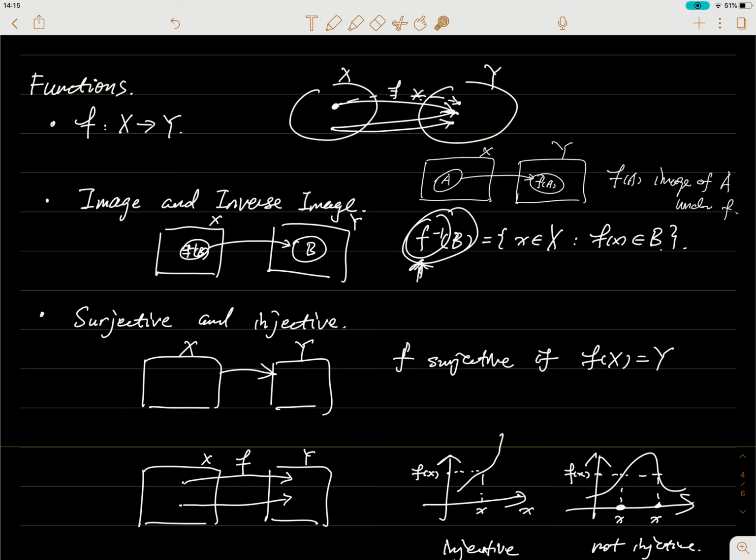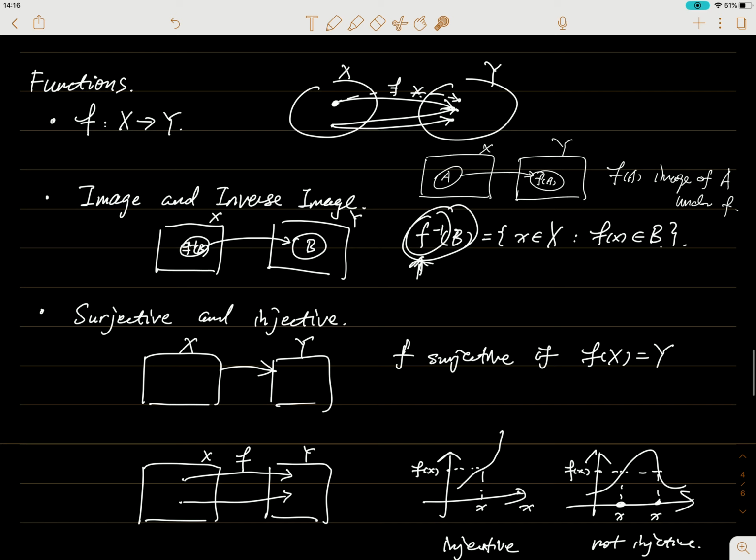So the image of A just collects what can happen to the points inside, but it doesn't matter what the outside is. But for the inverse image, it contains all the possible points that will be mapped to B. Even if you have two points that are mapped to the same point in B, they will both be in the inverse image. Okay, so that's the inverse image, or pre-image.